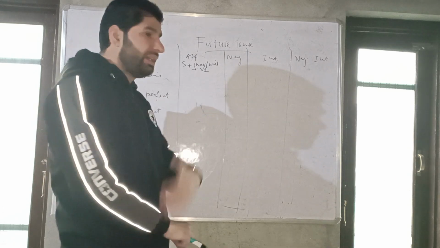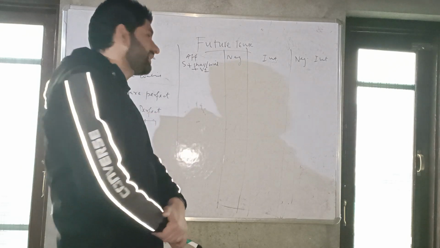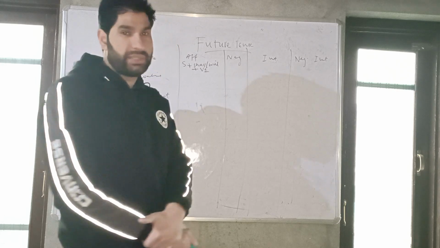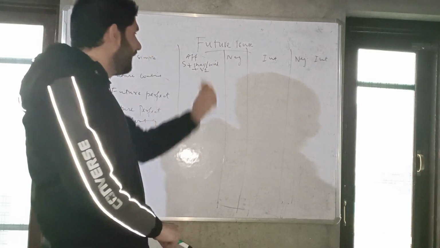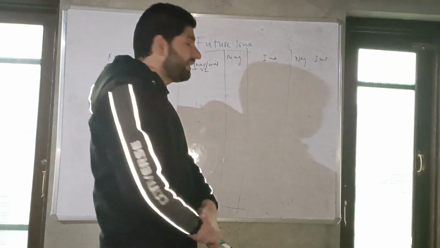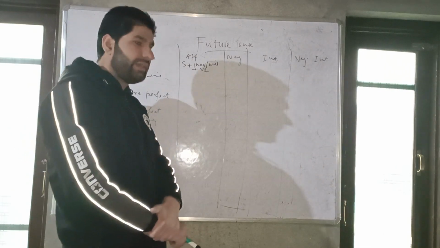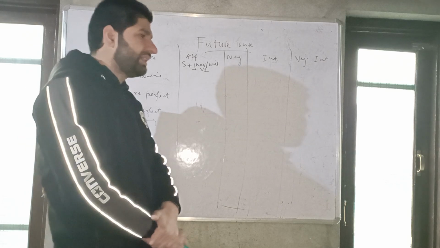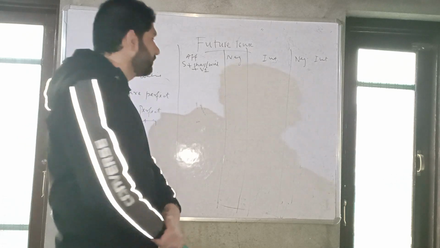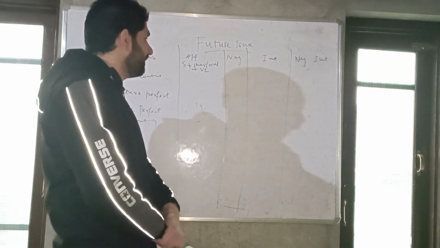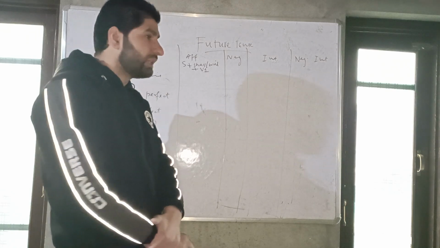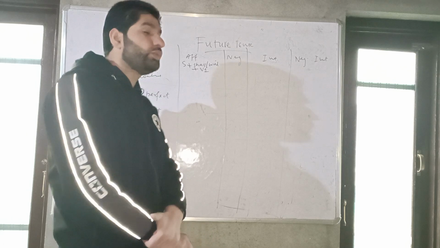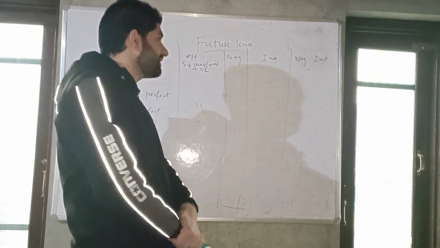And similarly, predictions. For example, I shall be in Srinagar the next day. It's a prediction. You don't know it. Similarly, will is used with definite things, that means where you are sure. For example, after Sunday there will be Monday. There is no doubt about that. So you cannot say after Sunday there shall be Monday. And similarly, we say if you do not eat, you will die, because the result is sure.